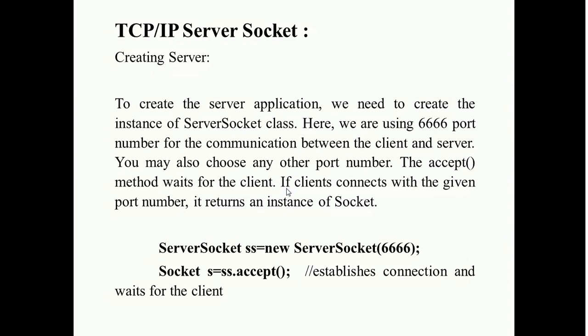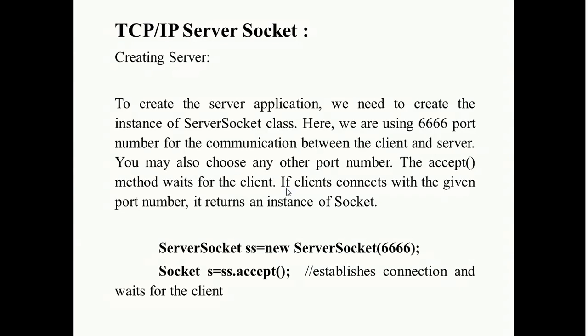So ServerSocket throws the IOException and the Socket class throws 2 exceptions, that is IOException and UnknownHostException. If an input output error occurs when creating a socket, the client socket class throws the IOException.